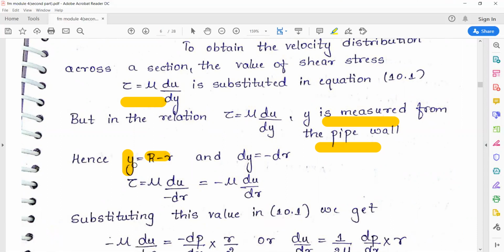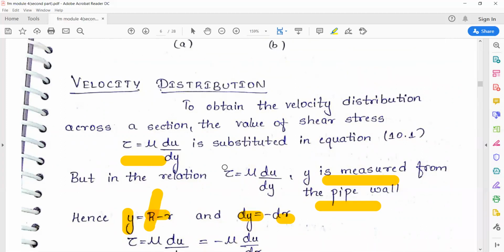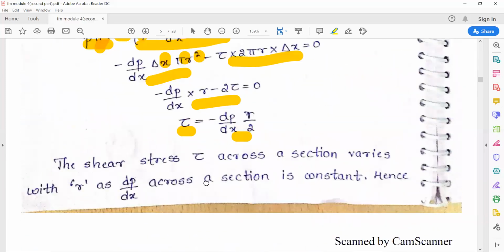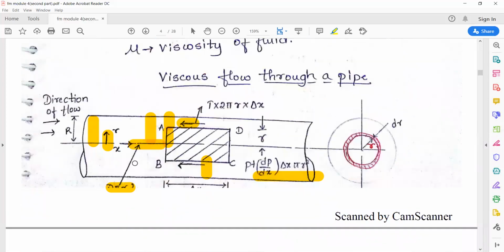When you differentiate this, dy becomes minus dr, because capital R is constant. Capital R is the radius of the pipe, and it remains constant.